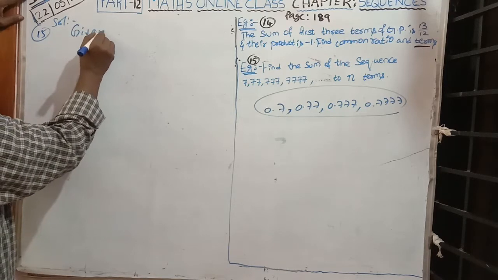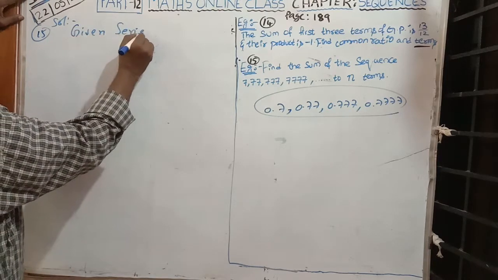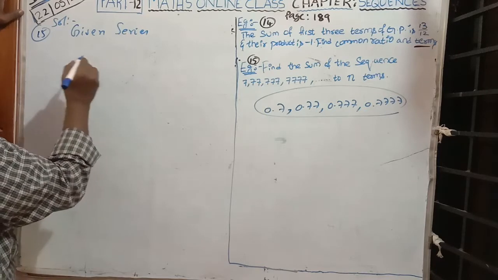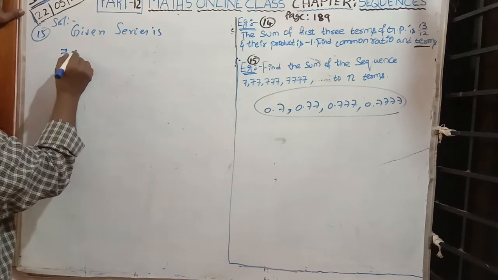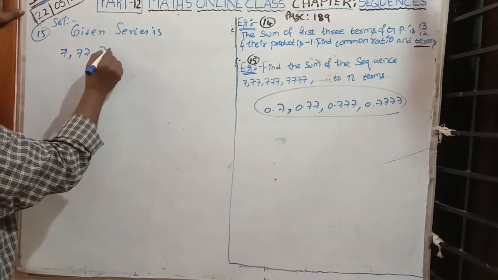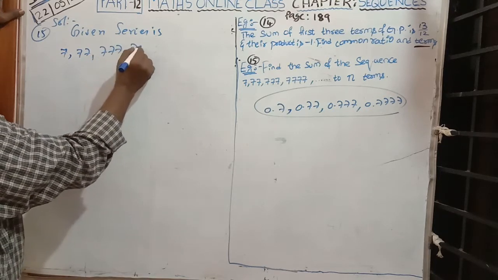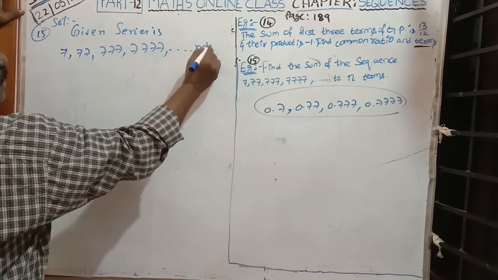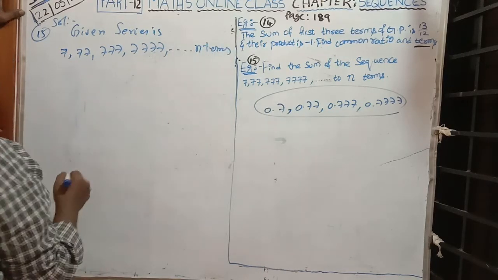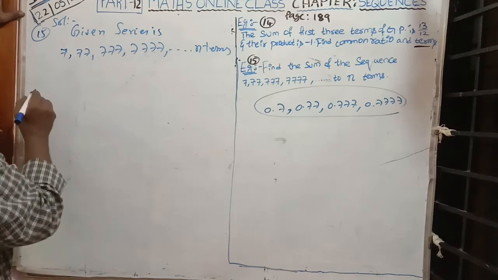Given series or sequence is 7 comma 77 comma 777 comma 7777 and up to n terms. Okay? N terms.